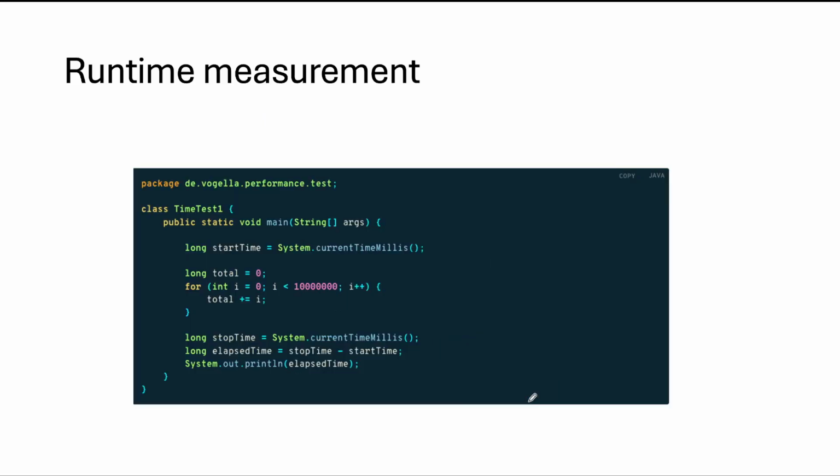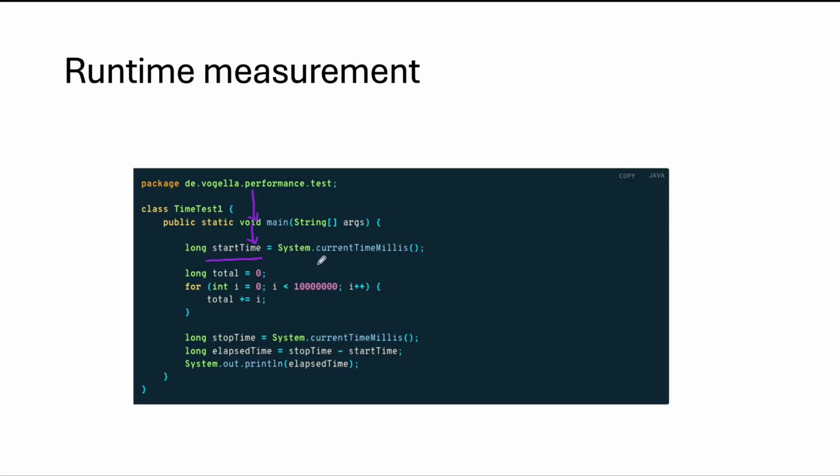Similarly, we can also calculate the runtime. Okay. So for that, please keep in mind, when you are calculating the time after the main function, the first line must always be the start time.